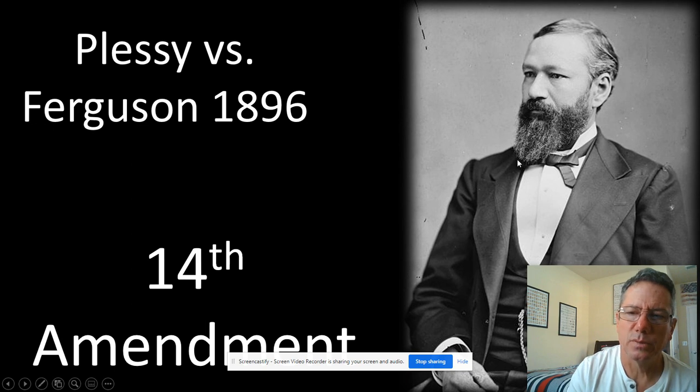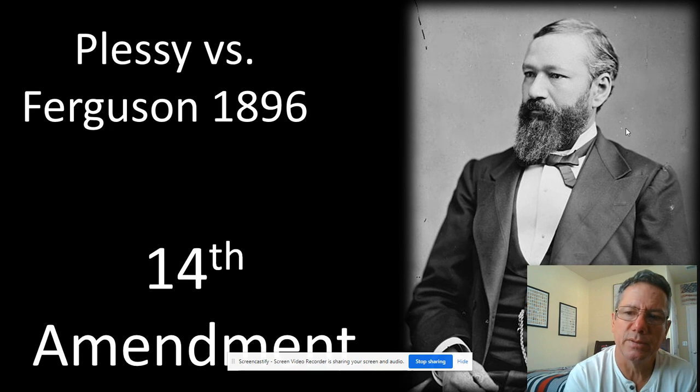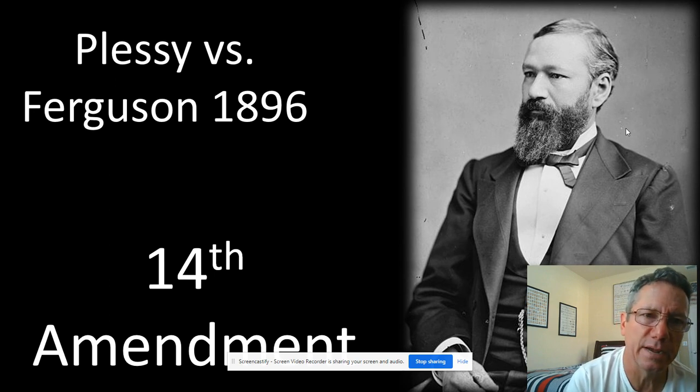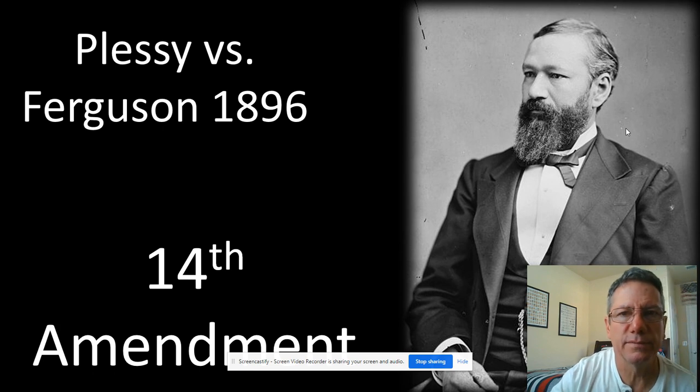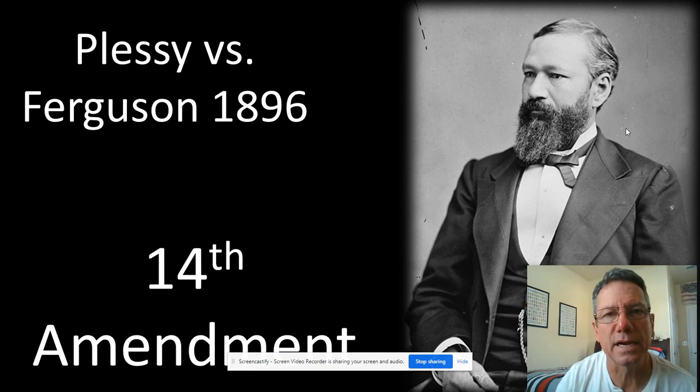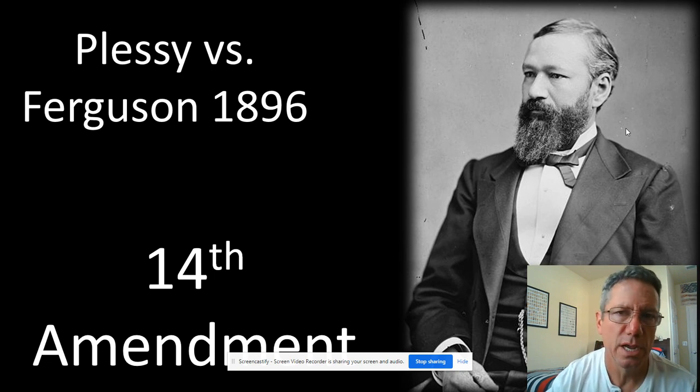Homer Plessy was purposely picked by the train company, in essence, to ride their trains and attempt to be arrested so that they could find a way to have the Supreme Court overturn the Black Code Jim Crow laws of the South that enforced the idea that once these trains came from the North, which had a first-class train, a second-class train, and an economy coach train car, they would have to then put on a black only, white only kind of series of cars, and it was expensive.